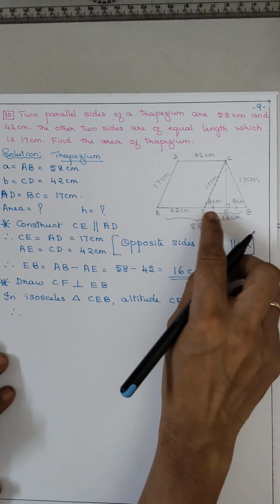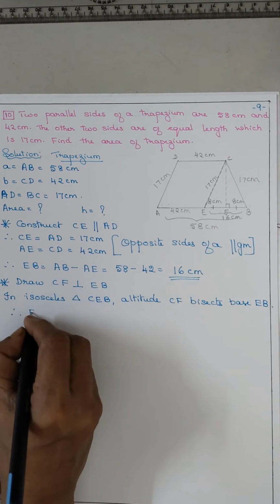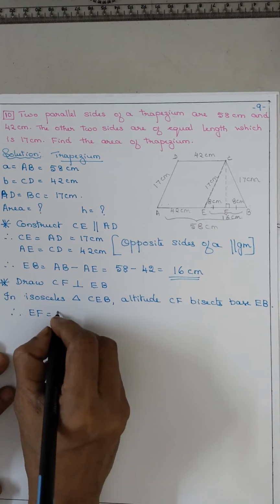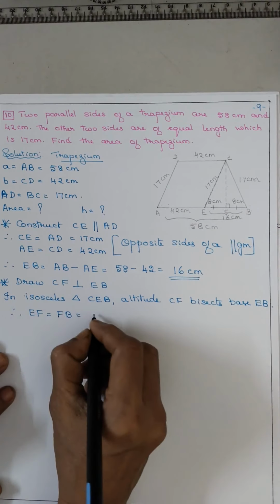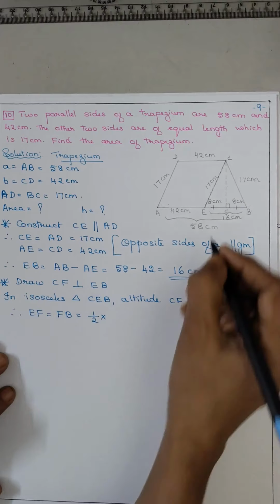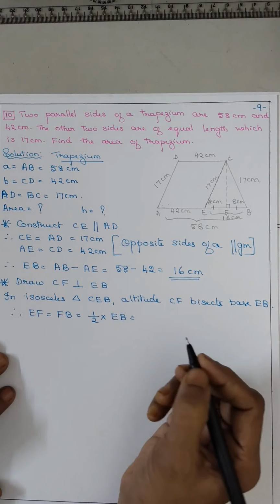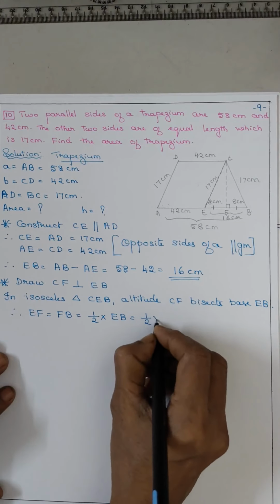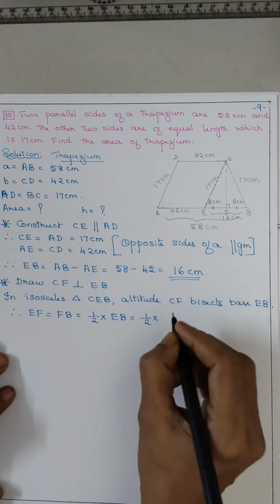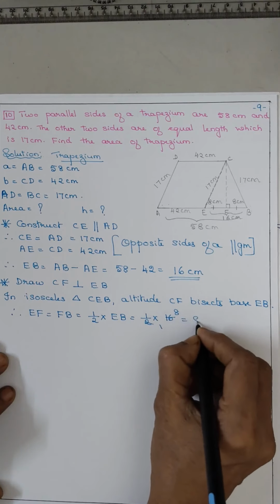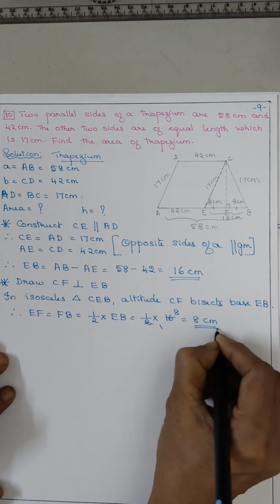Therefore, EF is equal to FB is equal to half of EB. That is, half of EB is 16. 2 ones are 2, 2 eights are 16. You got 8 centimeter.